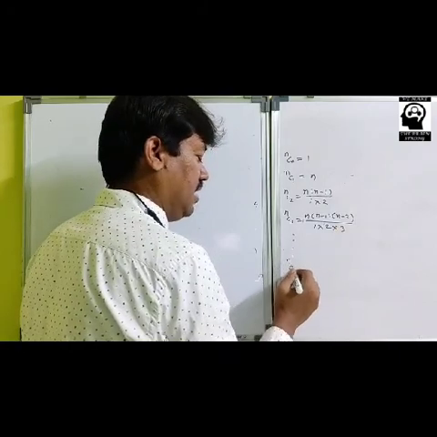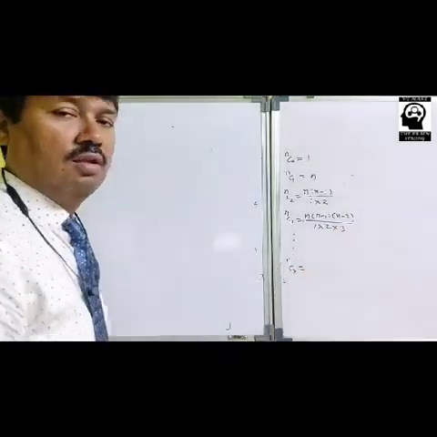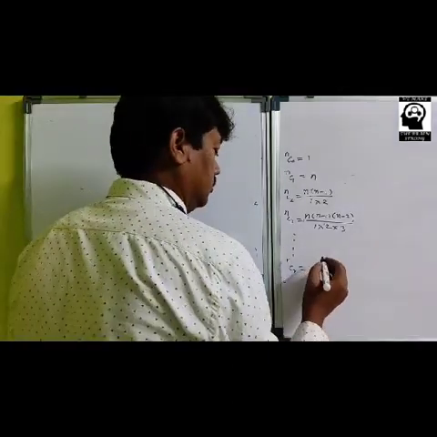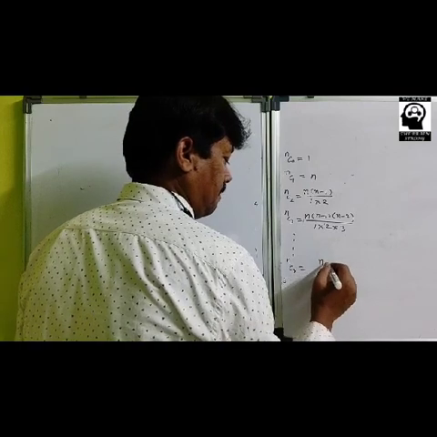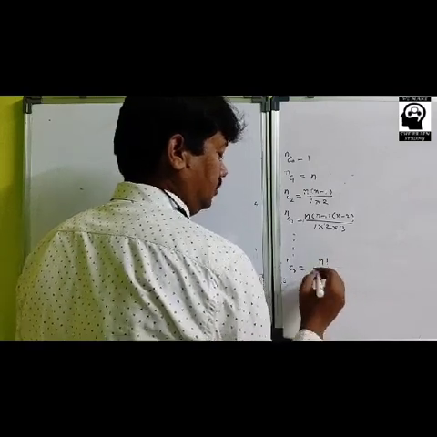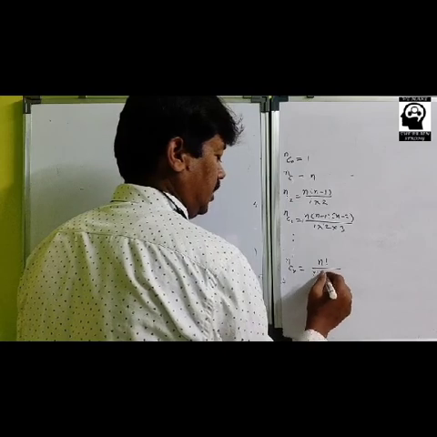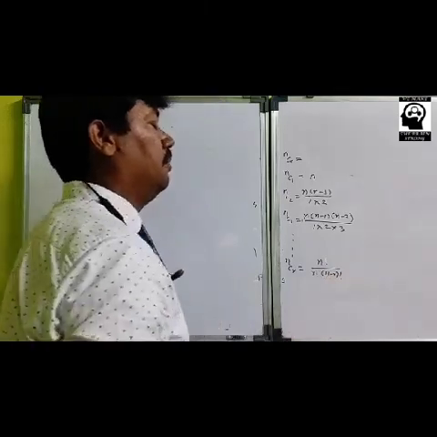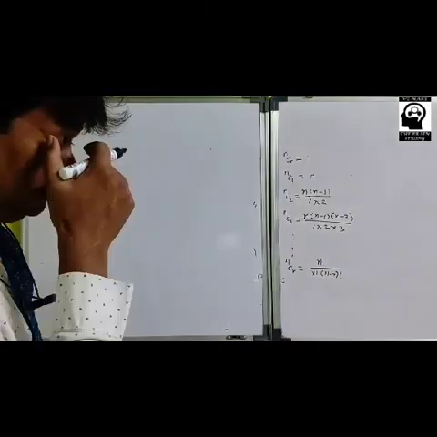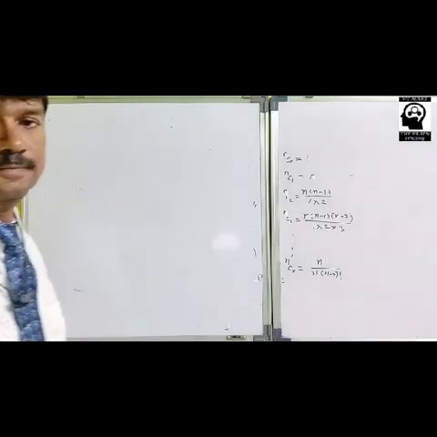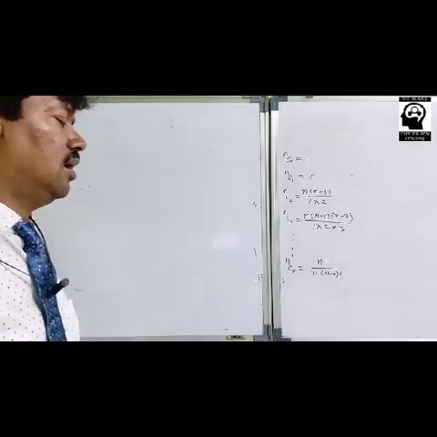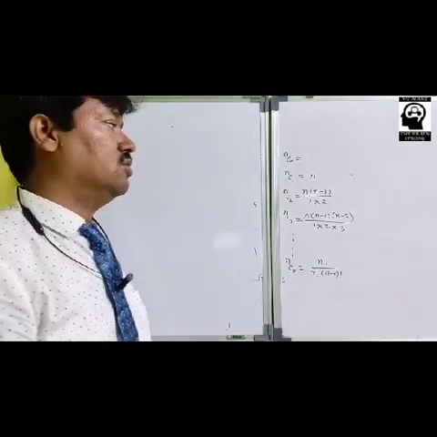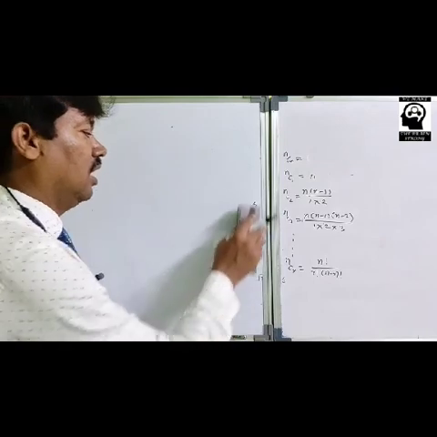So what is the formula? nCr is given by n factorial upon r factorial into (n minus r) factorial. So this is the formula to find nCr.